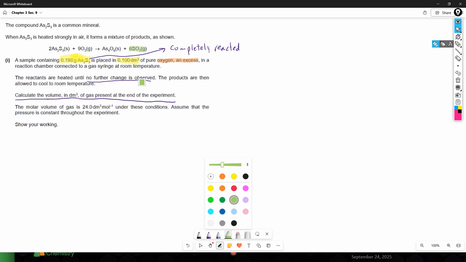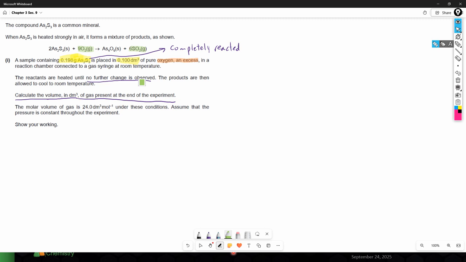So you're going to be tempted to figure out the amount of SO2 that we have created and then give that as an answer. But you have to remember, the oxygen is in excess, meaning that we are going to have some of this oxygen left over. Meaning that when we're talking about the gas left over at the end of the experiment, we're not just talking about the amount of SO2, we're also talking about the amount of oxygen left over. So we're going to go into that as well.